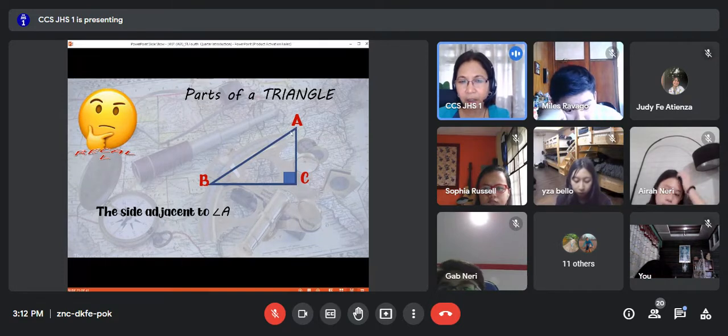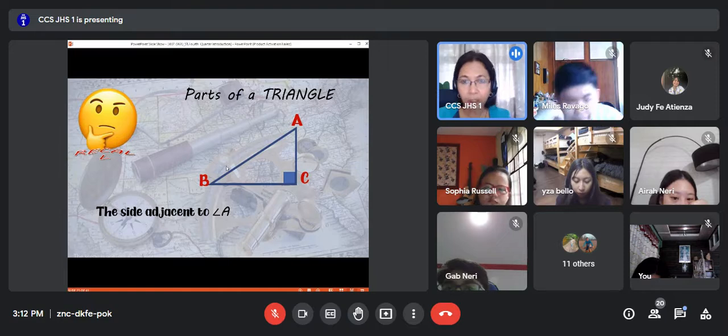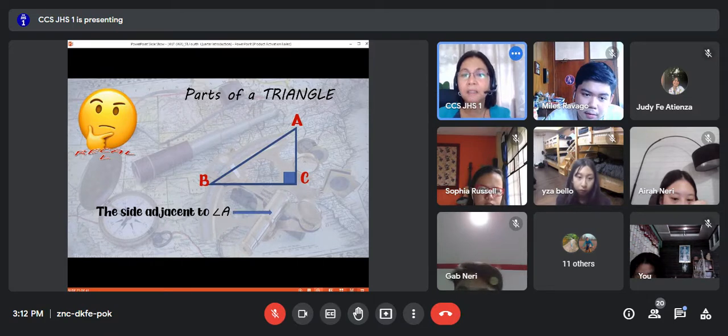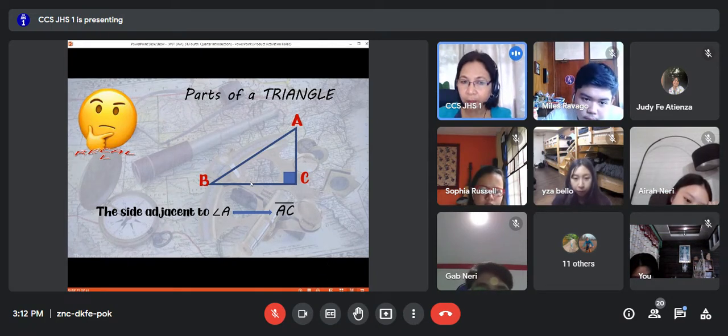The side that is next to angle A, not the hypotenuse. Okay, not the hypotenuse. What segment is adjacent to angle A? Segment AC. Okay, the side opposite to angle A is BC. The side adjacent to angle A is AC.